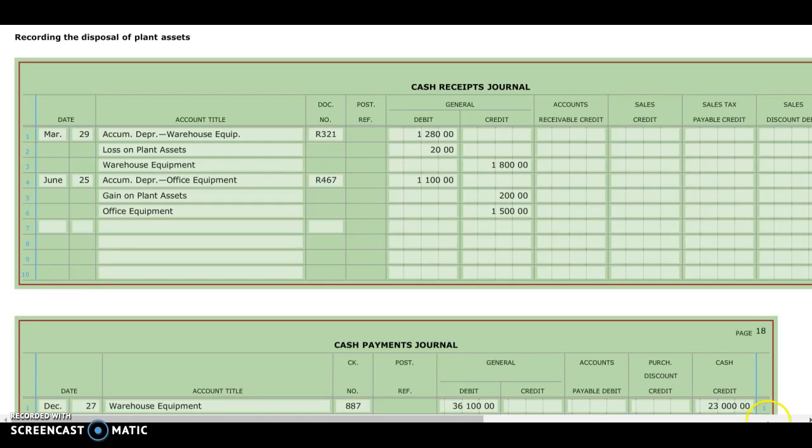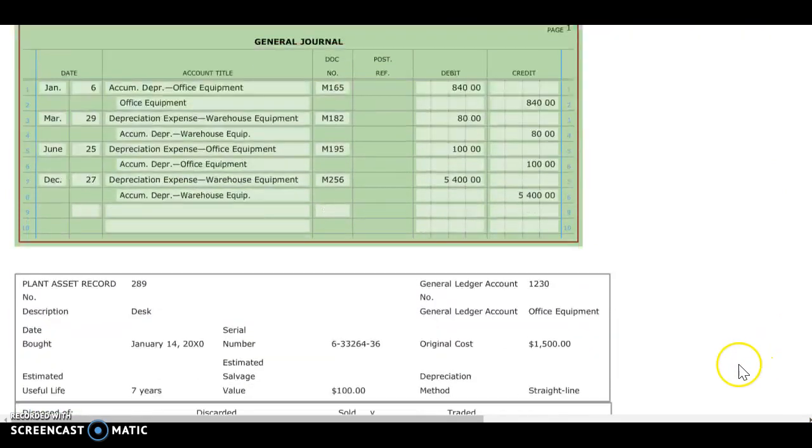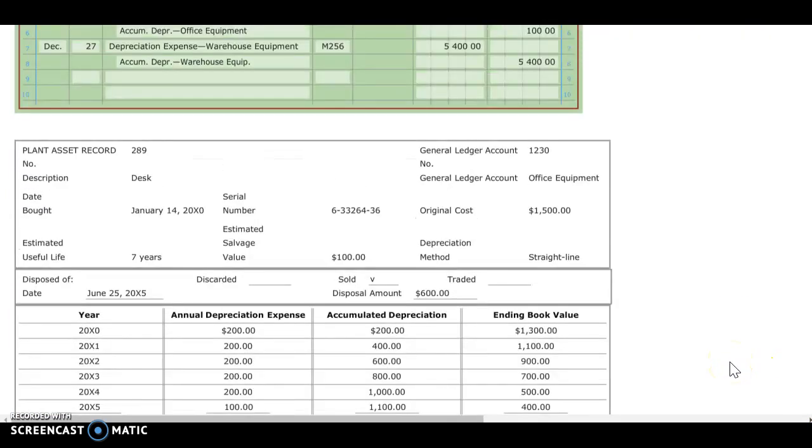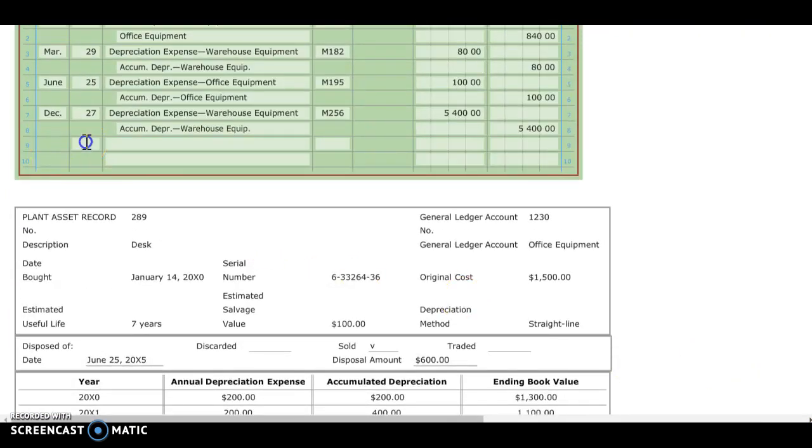Okay, so first I'm going to go to my general journal, and I'm going to record my depreciation. So I need to look at what I'm going to have for depreciation. So I'm going to look back at my 7-1 work together. And on my 7-1 work together, I'm looking for my building plant asset record sheet. So that was record sheet 341.